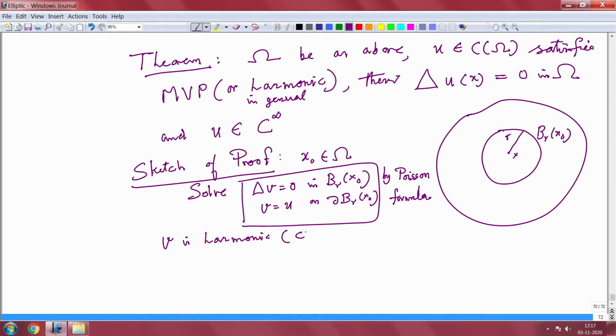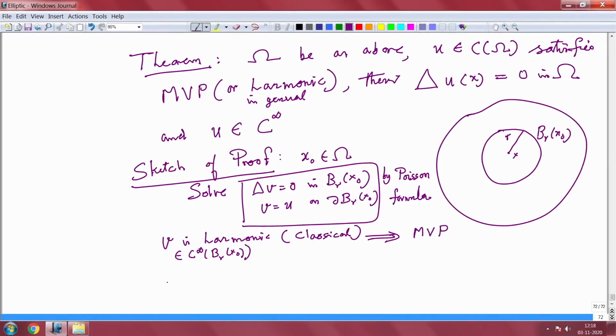Once it is harmonic in the classical sense, in fact, v is C infinity, right. That is what we proved, v is C infinity in B_r of x naught. But u is continuous. And then once it is harmonic and C infinity, it gives you the mean value property.